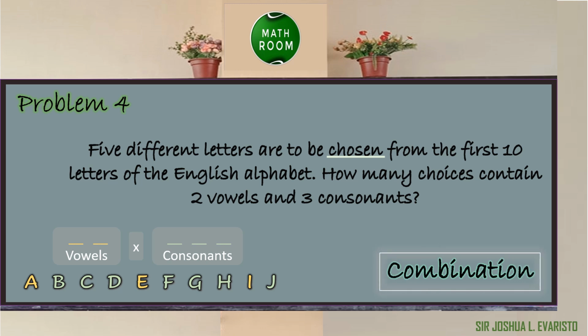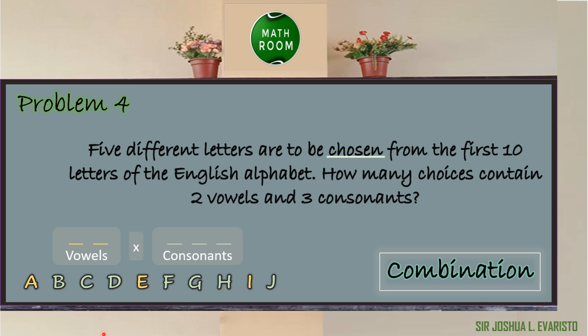By analyzing the problem, we have 10 objects. The first 10 letters of the English alphabet are A, B, C, D, E, F, G, H, I, J, which are composed of 3 vowels: A, E, and I. More so, the remaining 7 letters are consonants.